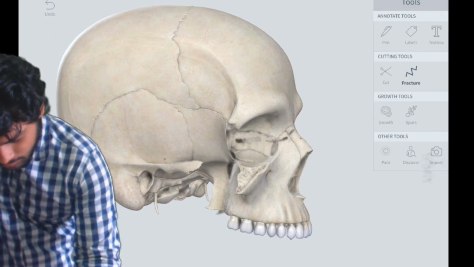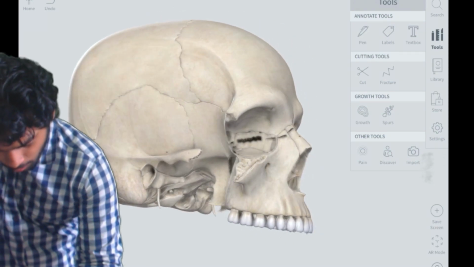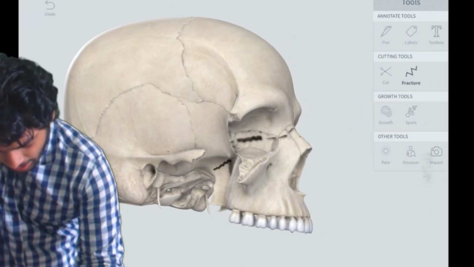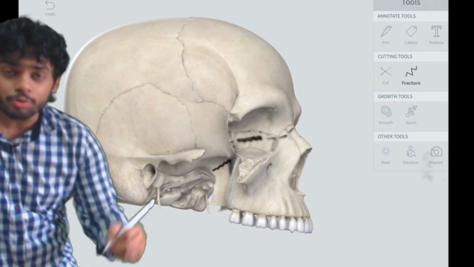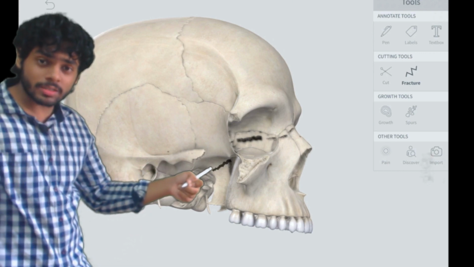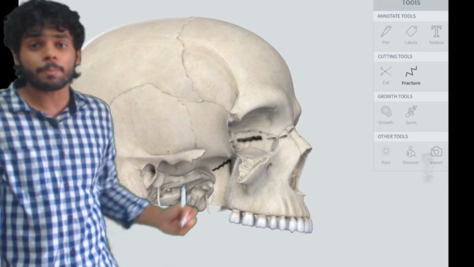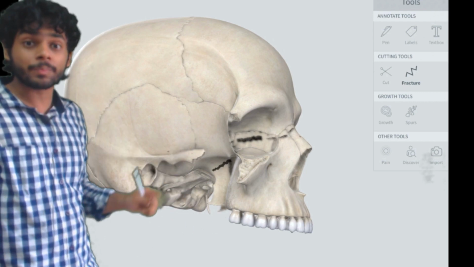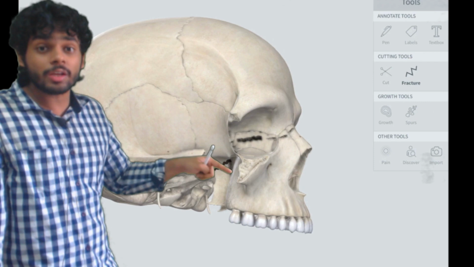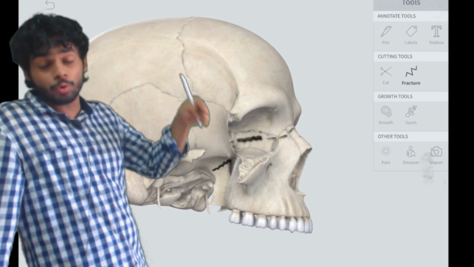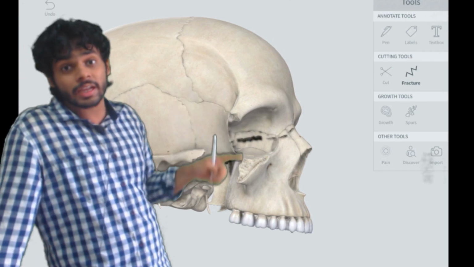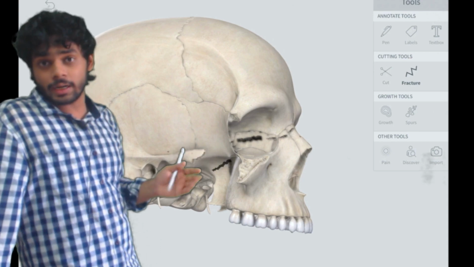See here how it is deflected towards the inside, and although I am showing this fracture on the outer side, actually this fracture is occurring on the inner plate. We have two plates. Okay, so this fracture is occurring on the inner plate, towards the inner side of the skull.